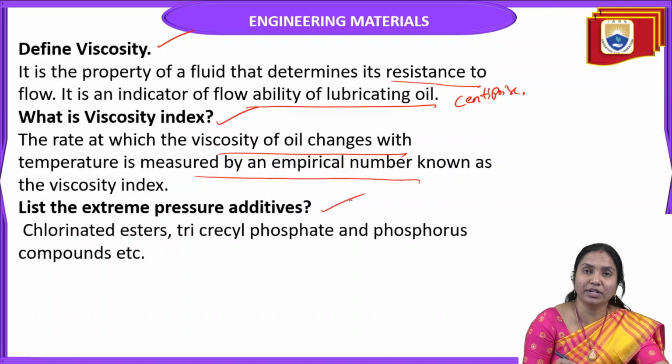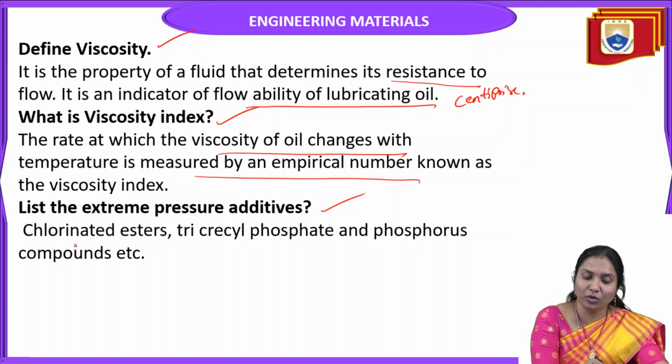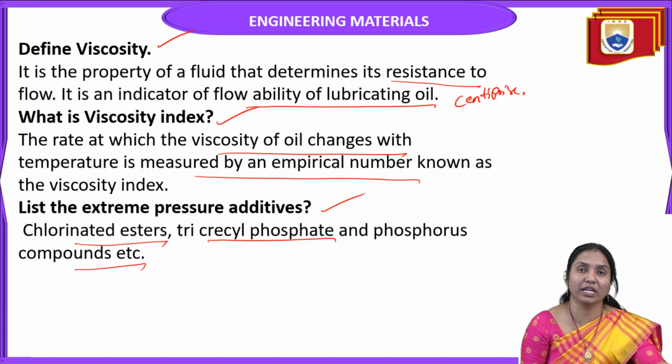List the extreme pressure additives. These are used in extreme pressure lubrication. Chlorinated esters, tricresyl phosphate and phosphorus compounds are generally used as additives in extreme pressure lubrication.